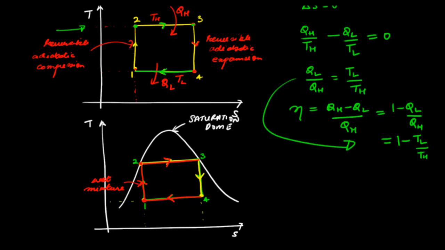However, this does not exclude the irreversibilities in a practical system due to heat transfer over finite temperature difference. But theoretically, if there's an infinitesimal difference in this vaporization temperature and the temperature of the high temperature thermal reservoir, then one can operate such a cycle or a heat engine reversibly.